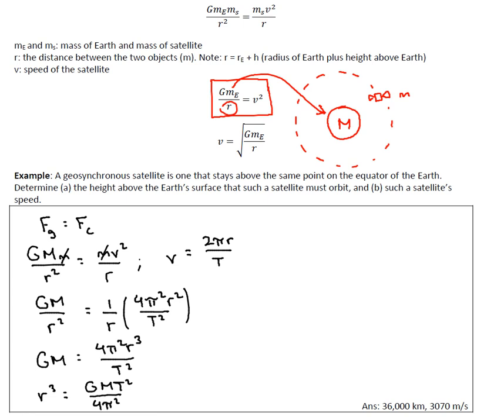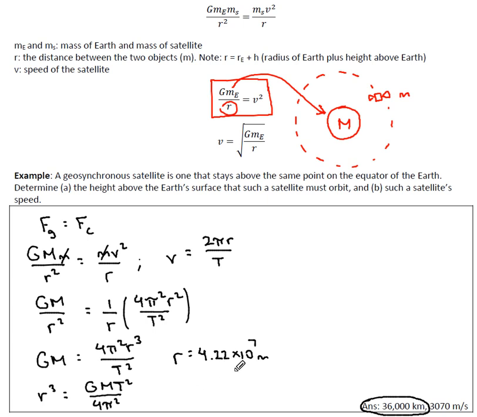So when we plug in our values for this one, we end up with a value of r equal to 4.22 times 10 to the 7 meters. And you may notice that down here it says the answer is 36,000 kilometers. And right now we have a value that is quite a bit bigger than that. That's because the question is asking for the height above the Earth's surface.